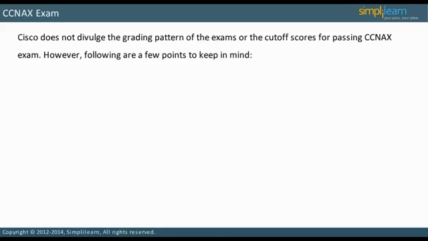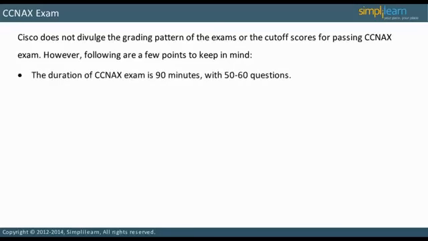There are no prerequisites for the CCNAX exam. Cisco does not divulge the grading pattern of the exams or the cutoff scores for passing. The duration of CCNAX exam is 90 minutes, with 50 to 60 questions. Most questions test fundamental knowledge and critical thinking. To pass the exam, theoretical and practical hands-on knowledge of Cisco devices is necessary.